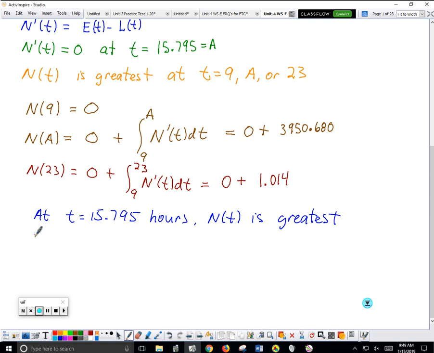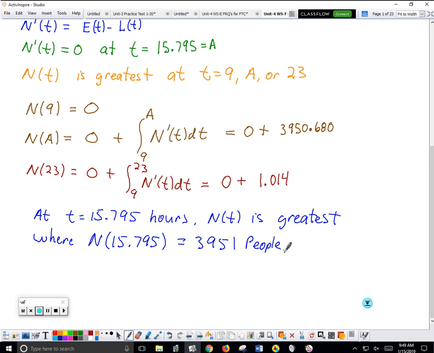N of t is greatest where the number in the park at that time, 15.795. Oops, forgot the 7. Equals, and now I round, 3951 people. If you don't round, you will lose the point. So.